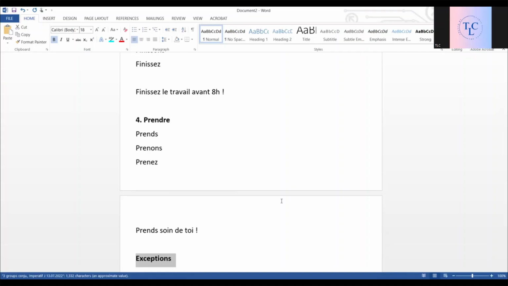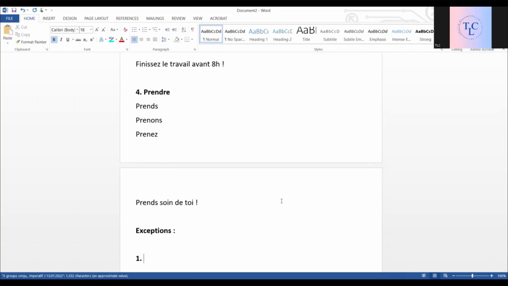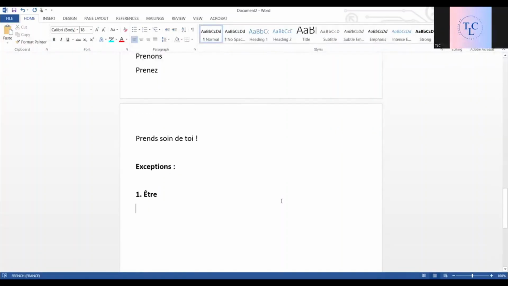Four of them. The first one is the exception, être. Always an exception. It doesn't leave any tense. Être is sois. The tu form is sois, nous form is soyons, and vous form is soyez. So what does it mean exactly?